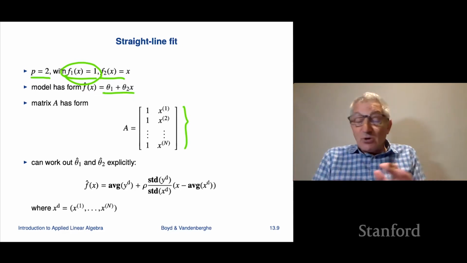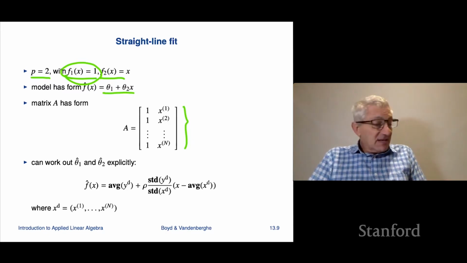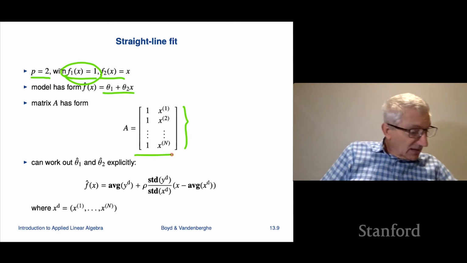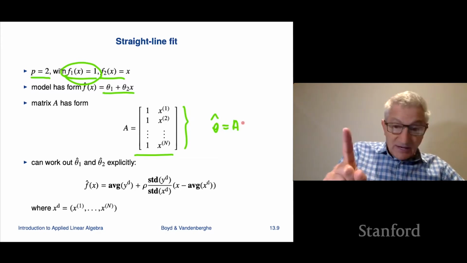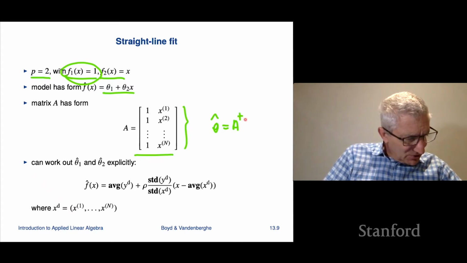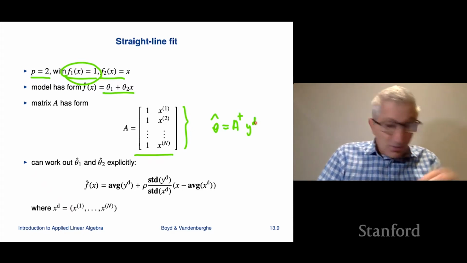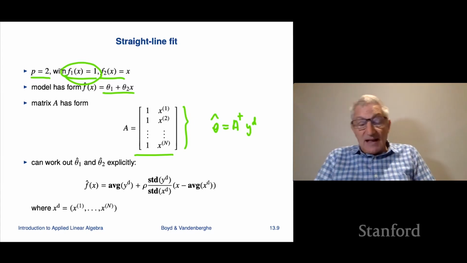I should add, you don't have to do this. This is just for interpretation. The truth is there would be absolutely nothing wrong with the following code if you were going to do this. Step 1, build that matrix. Step 2, you write theta hat equals A's pseudo-inverse times yd, the vector of data outcomes.